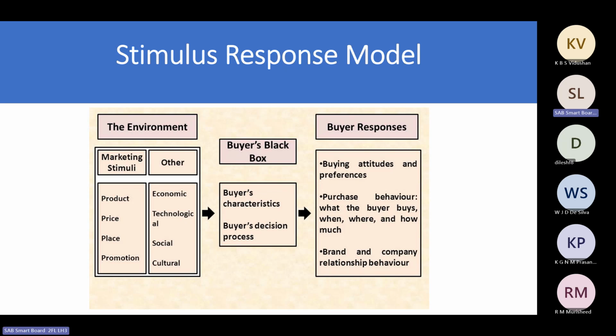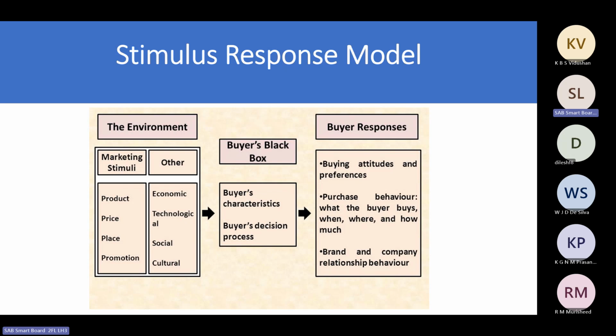Those stimuli would be maybe the product itself, or different promotion campaigns that the companies are doing, or the availability of the product, and the price levels of the different products, as well as other environmental factors like economic condition, technological environment, cultural background, or the social background. Likewise, different stimuli might be impacting us to make different consumption decisions.